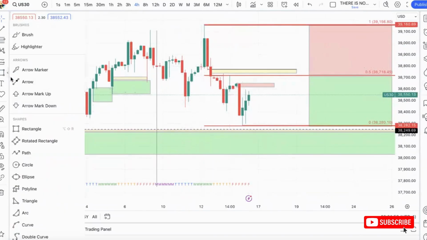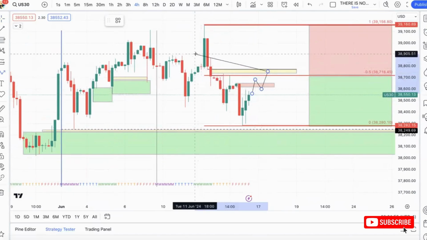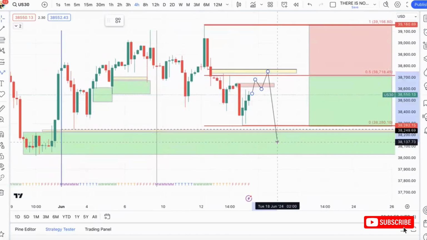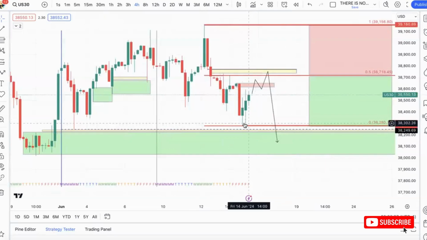So it wouldn't be strange for price to actually take that area out, tap into this area. It is in premium, and then come down. This would be better for us actually if price did that, because we get to sell at a higher place and make more money, and then we take out the previous week's low, tap into the area, and then go for the previous week's high.